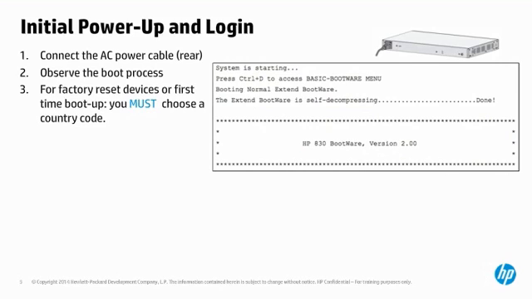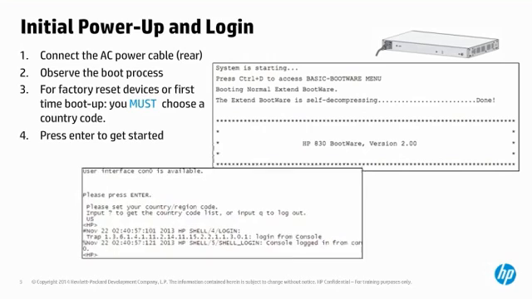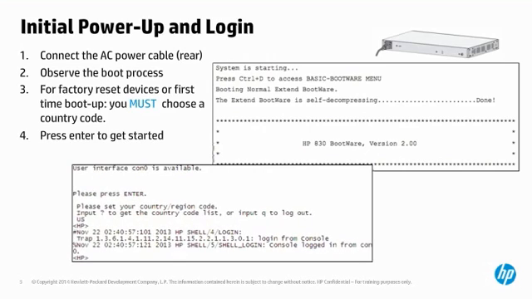This should typically be for the country where the AC is installed, but we will discuss this further in a later lesson. You will see a message that says, press enter to get started. Press enter here, and then again when you see the prompt HP. You are now ready to begin configuring and managing the switch via the CLI interface.